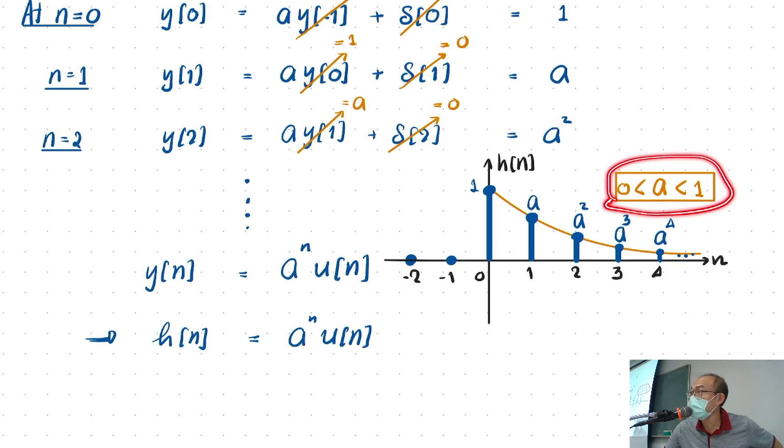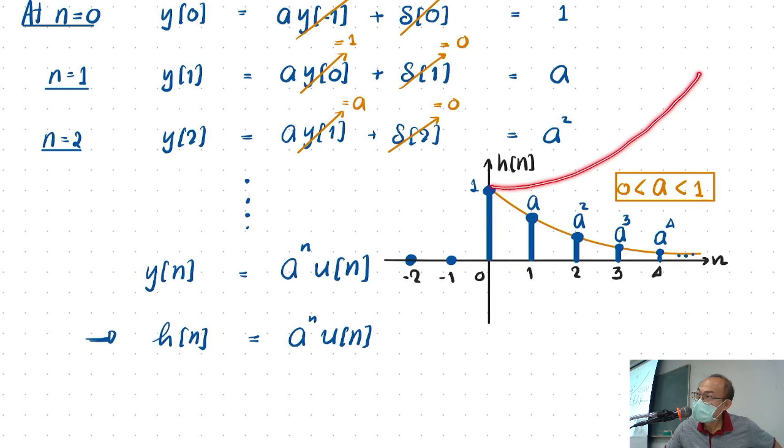If A is greater than 1, then the exponential will be growing. But now A is less than 1, so we have a decaying exponential. If A is negative, then the graph will be like this.